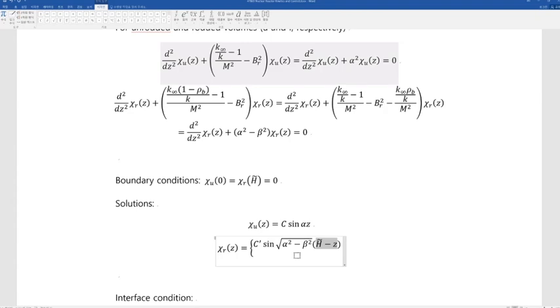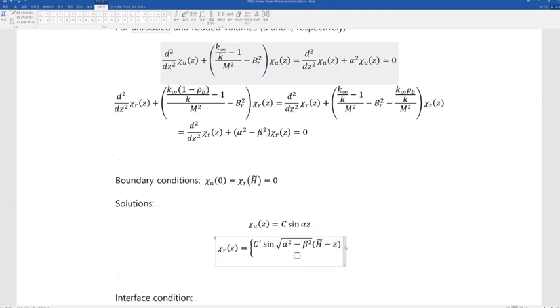So only the sine function will satisfy that property, because cosine 0 is 1, so the cosine part will not satisfy that equation.